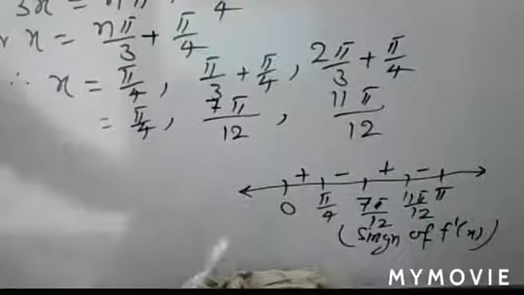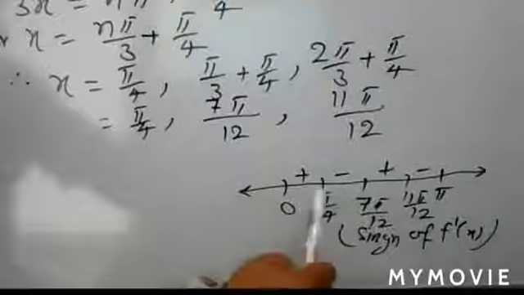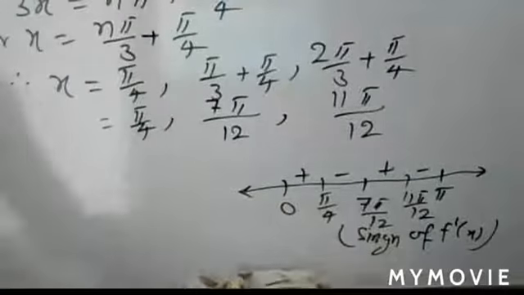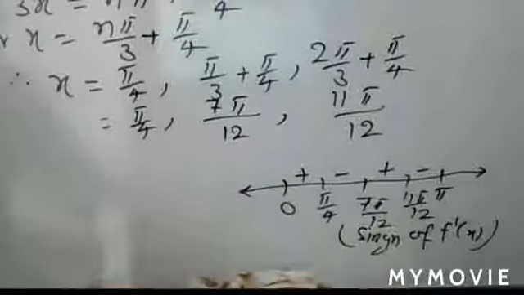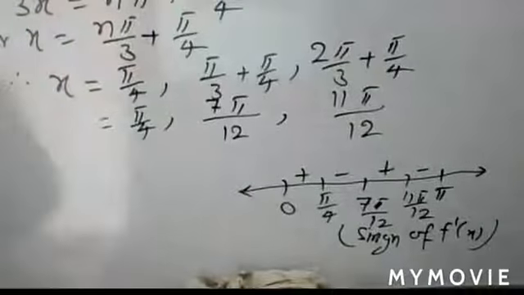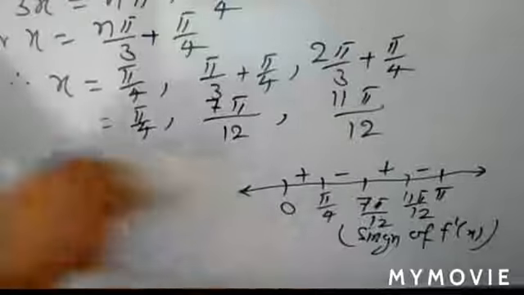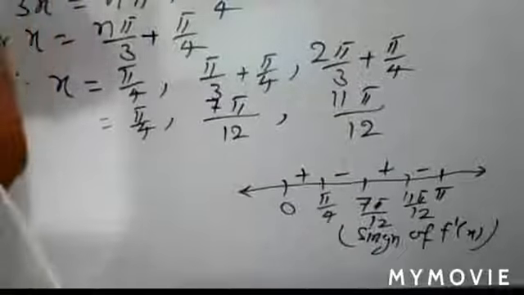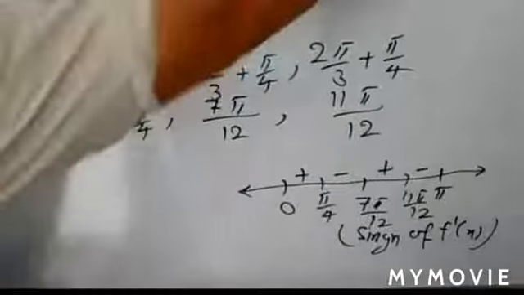So from this number line, in these two intervals the value of f dash x is greater than 0, so in these intervals your function is strictly increasing.